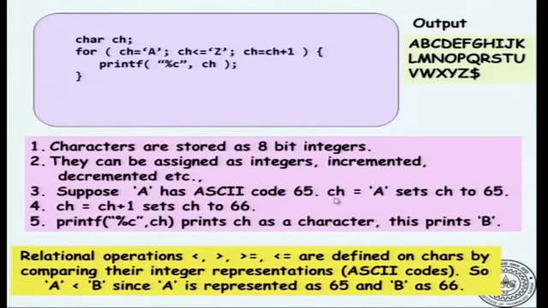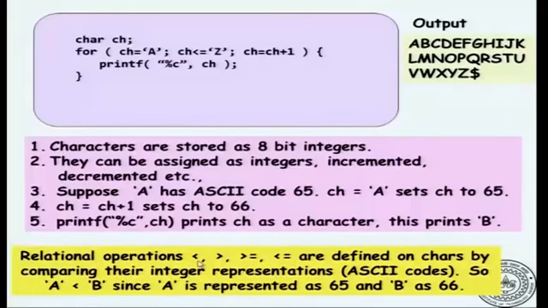Now ch equal to character constant A sets ch equal to 65. Now ch plus 1 is the number 66, which corresponds to the ASCII code of B. So addition, subtraction, all these can be performed on character values because internally they are represented as 8-bit integers.